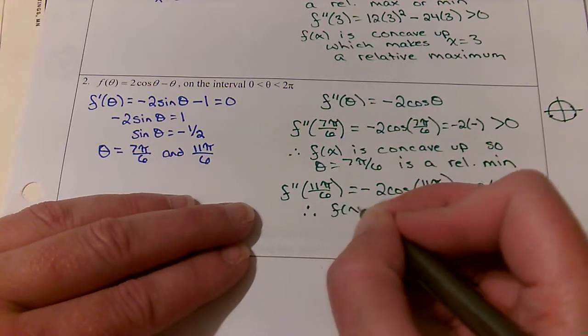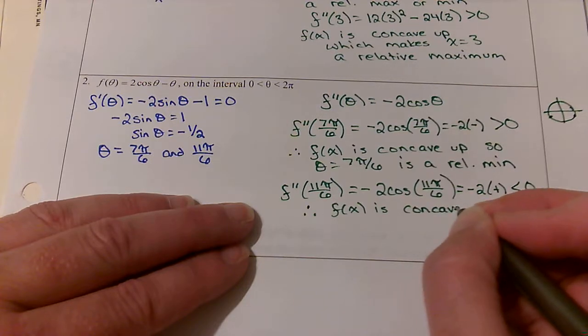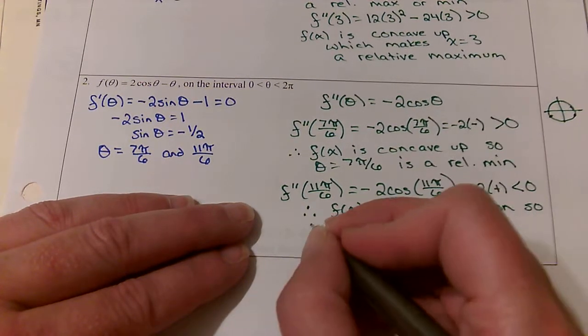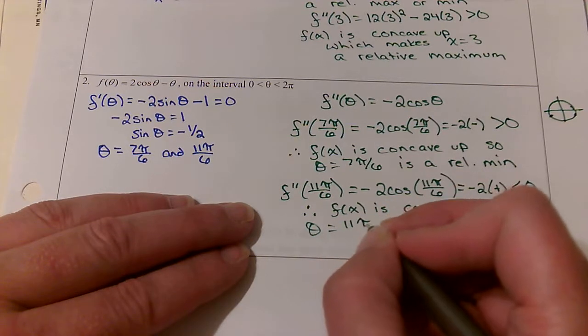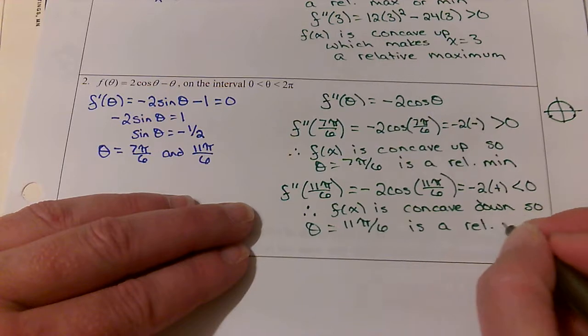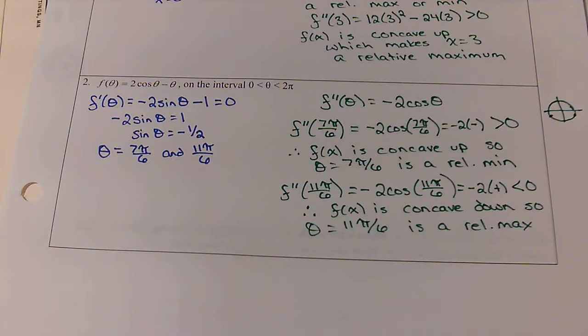Therefore, f of x is concave down. So theta equals 11 pi over 6 is a relative max. And there's some problems where you can try these.